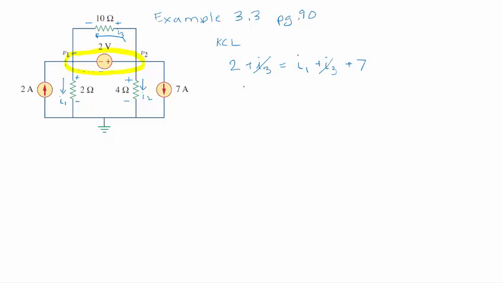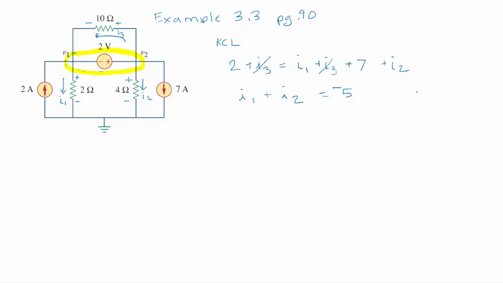So let's go ahead and write the equations. I have 5 equals, did I miss one? Yeah, I missed I2. I2 goes out. This is I3 goes in, I1 goes out, I2 goes out, I3 goes out, and 7 goes out. Okay, so minus 5 equals I1 plus I2.